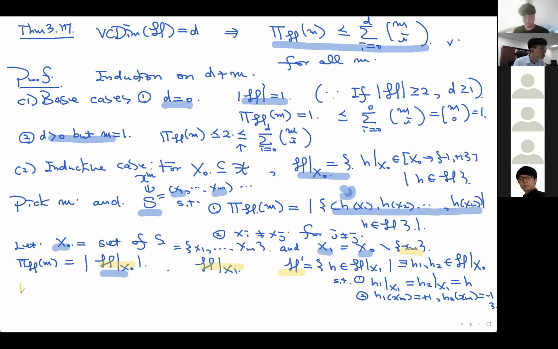Some important property is that the cardinality of h restricted to the larger set x0 is the same as the cardinality of h restricted to x1 plus the cardinality of h prime.